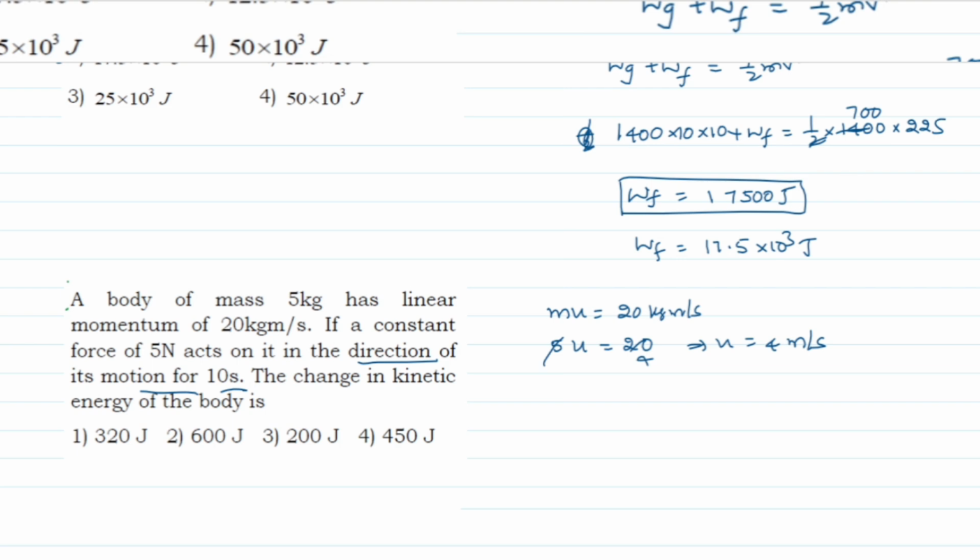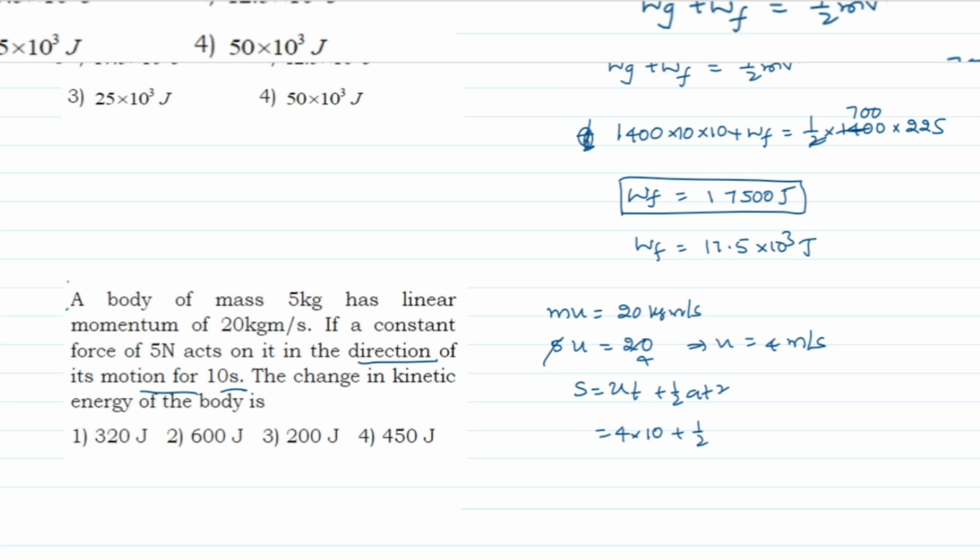And here the work done by the constant force is given by the change in kinetic energy of the body. Work done we need to calculate. First, for displacement, S equals ut plus half at square. The initial velocity is 4, and it is under motion for 10 seconds, plus half into acceleration, which is F by m.